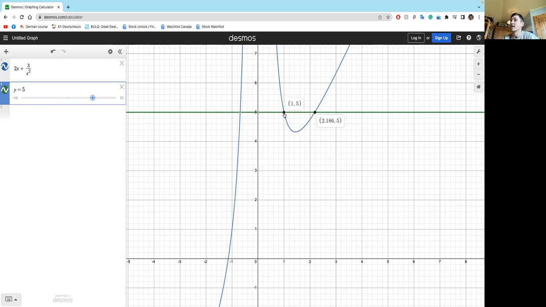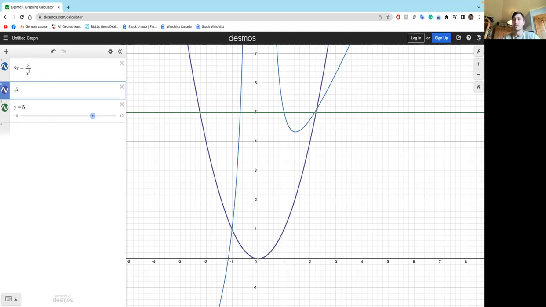And this one here, 1, 5, is representing the line L, which is tangent when x is equal to 1 and y is equal to -2. Let's bring back in our original function as well.